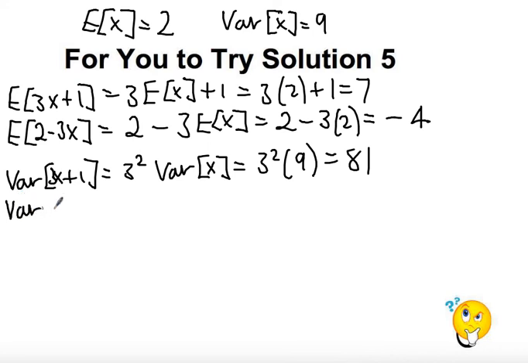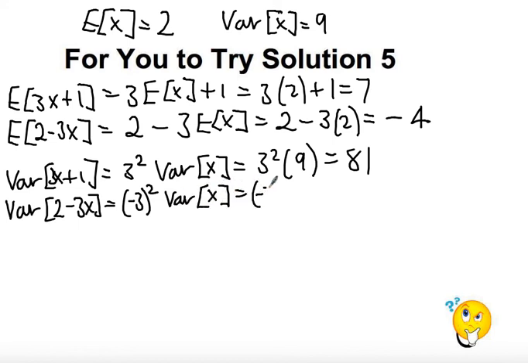Do exactly the same for the variance of 2 minus 3x. So coefficient of x again is minus 3 this time, but I'm going to square it, times the variance of the original variable. So I get minus 3 squared times 9, which again is 81. Again, this is pure chance, this just happens to be the examples that we're looking at.